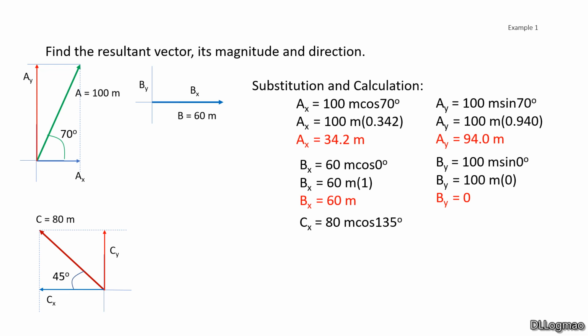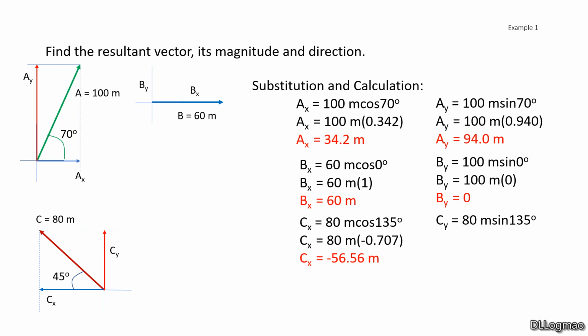To determine the magnitude of the components, C sub x is equal to 80 meters times cosine 135 degrees, measured from the positive x-axis. The value of cosine 135 degrees is negative 0.707. When multiplied, the x component of vector C is negative 56.56 meters.